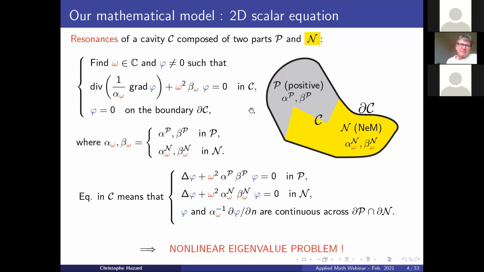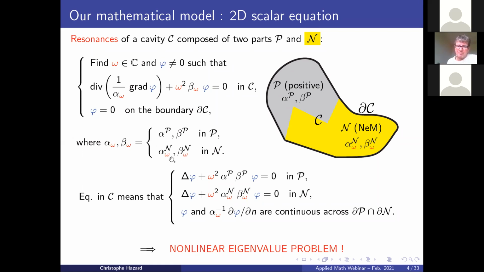And about these coefficients here, alpha and beta, I will assume in all my talk that for a given frequency omega, they are piecewise constants in the cavity. In the positive material, in P here, they take two positive values, alpha P and beta P. And in the negative material, they take some values which will be denoted by alpha N and beta N, and they depend on omega.